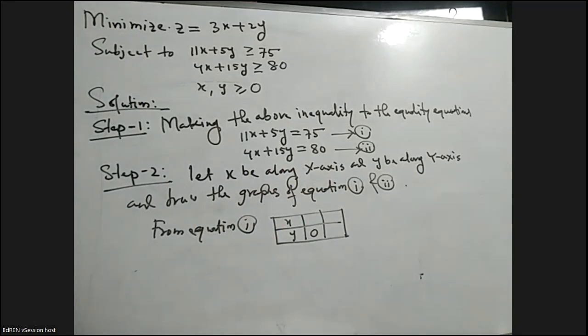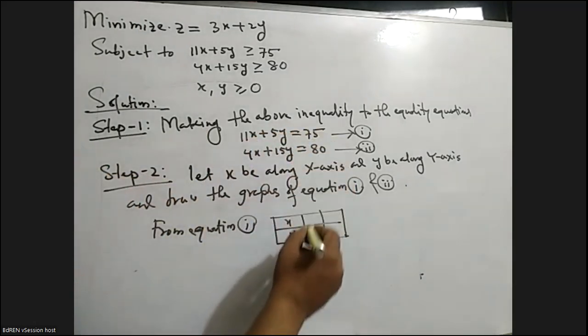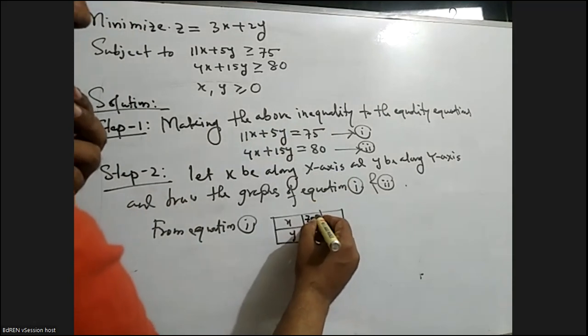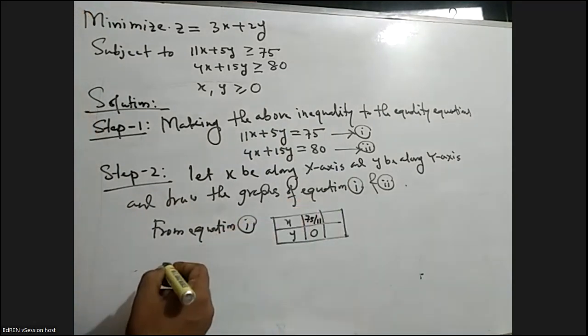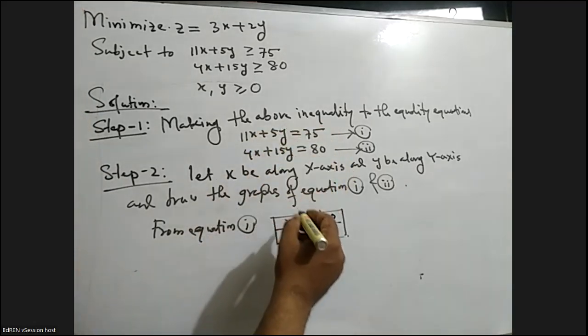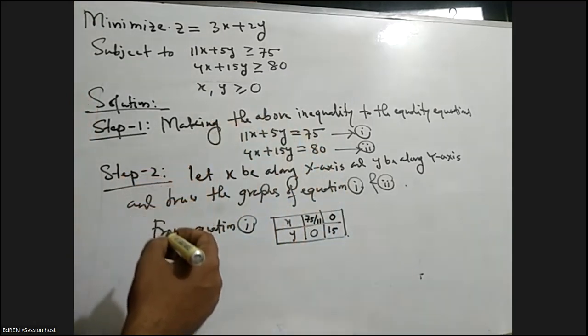If x equals 0, then y equals what? 75 divided by 5, that is 15.